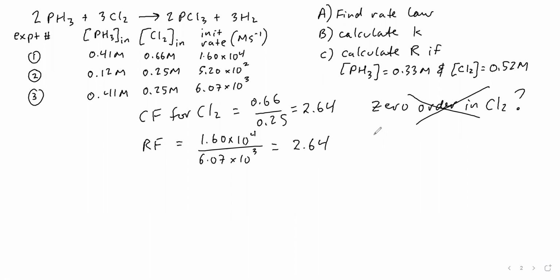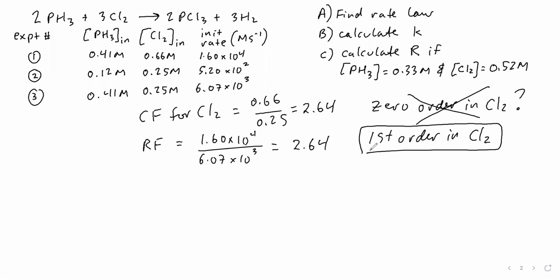And in fact, they are. So now we know it's first order in Cl2. And we already knew that it was second order in PH3. And with that information, we can now do part A, which is to write the rate law.